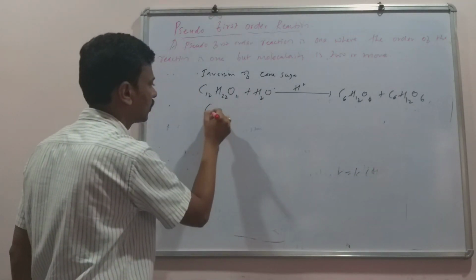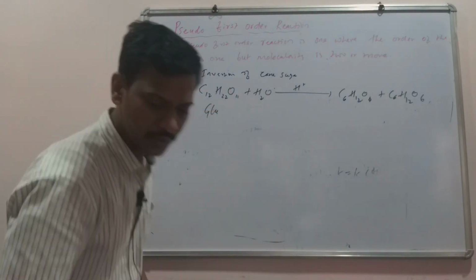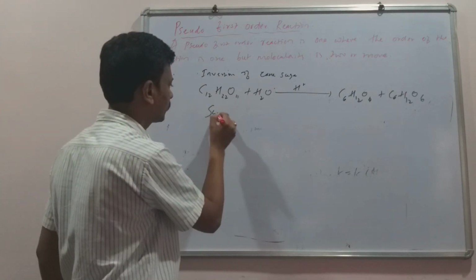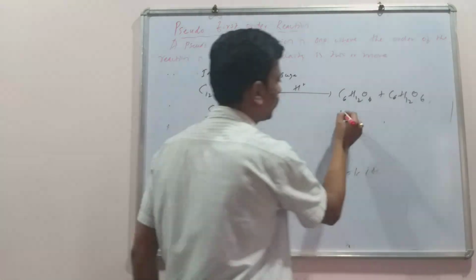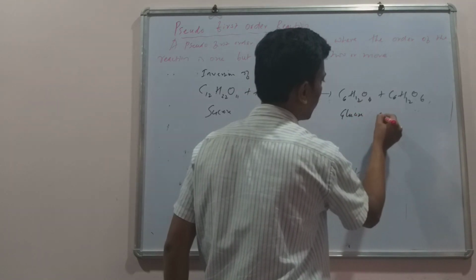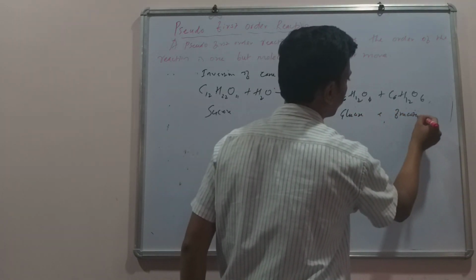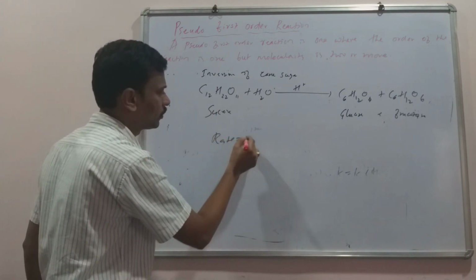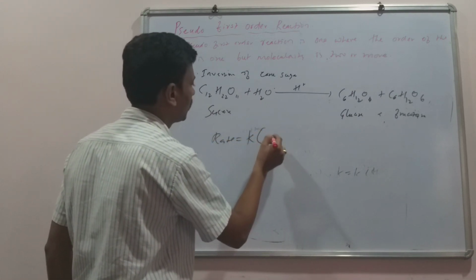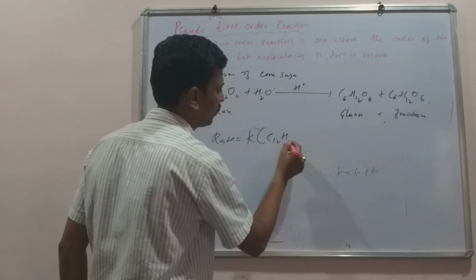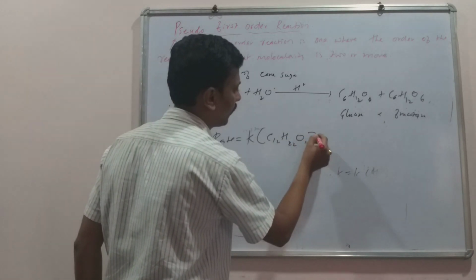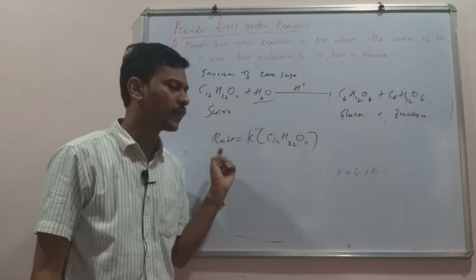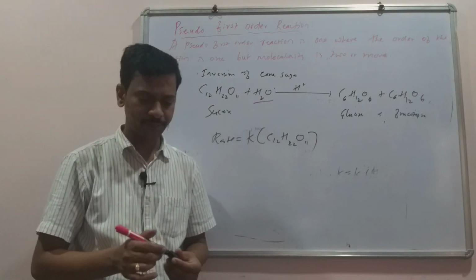Sorry, this is sucrose, and it will give glucose and fructose. The rate for this reaction is equal to K into the concentration of C12H22O11, because it is one more example of a pseudo first order reaction.